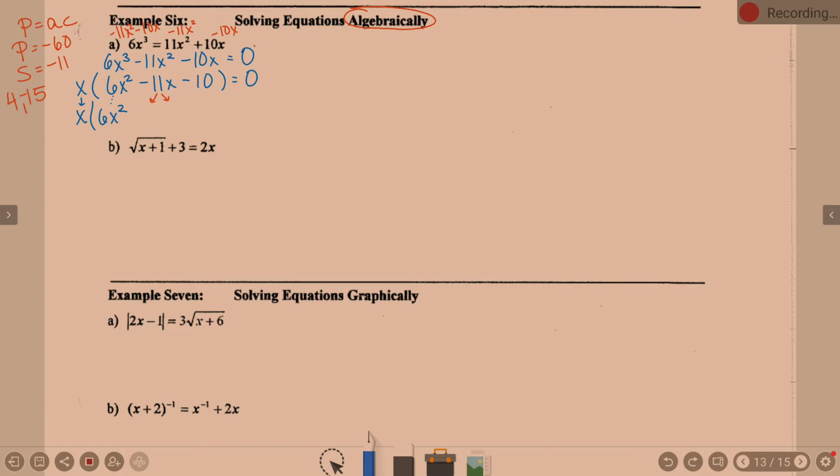Minus 11x splits into that 4x and that minus 15x. I don't think it really matters here, does it? So I'm going to say plus 4x minus 15x. We still want to carry down the minus 10. And we're going to enter our parentheses and still equals 0.